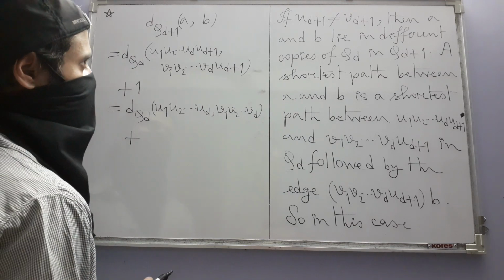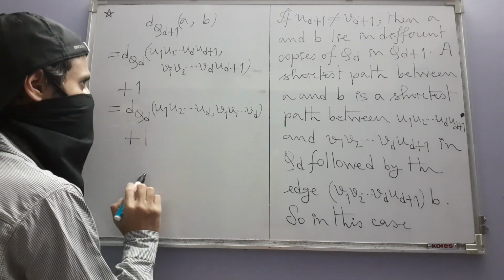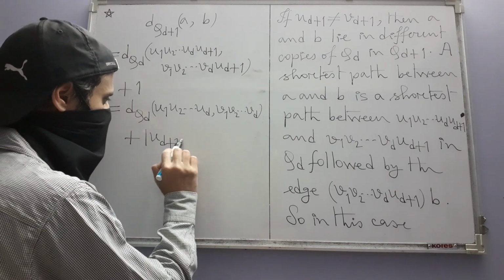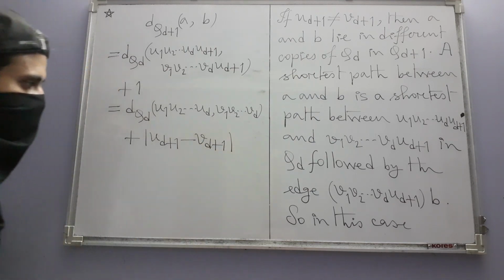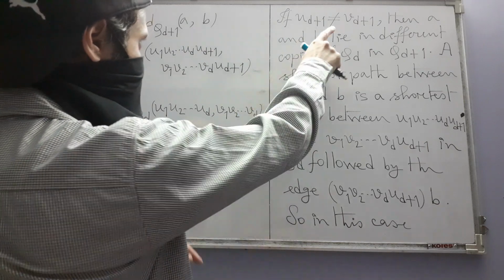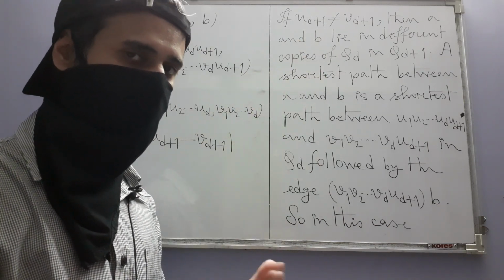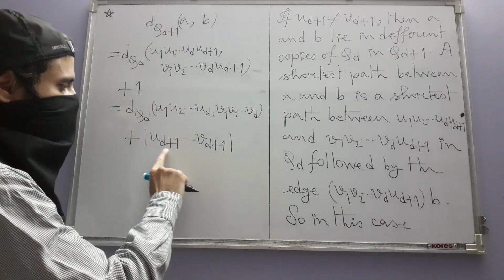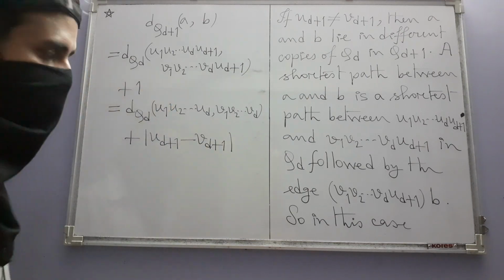Okay, so now in place of 1, note carefully that we can write ud plus 1 minus vd plus 1. Why? That's because these two are different digits. Since each one of them is either 0 or 1, so this difference, regardless of what they are, will always be 1.